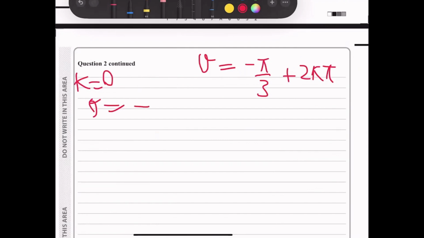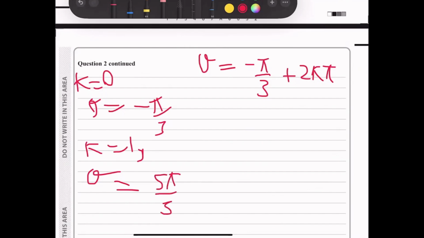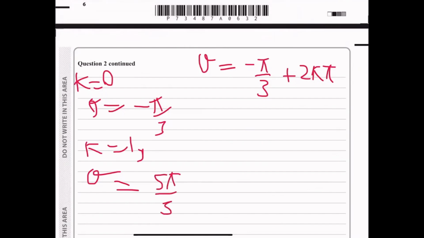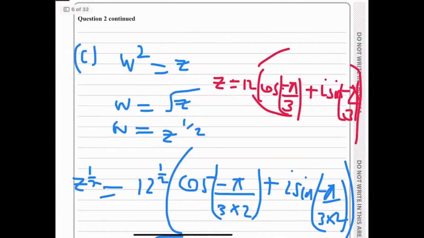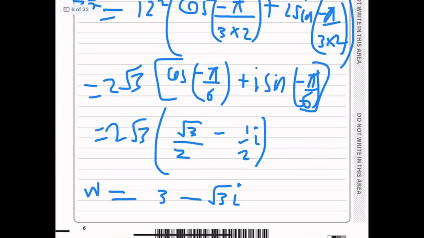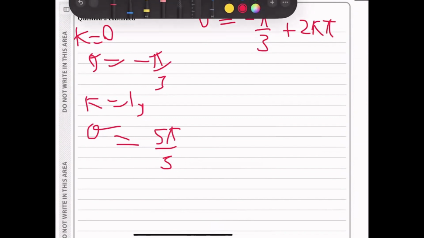So when k is 0, theta is minus pi by 3. When k is 1, theta is 5 pi by 3. So since we are dividing the angle by 2, we can take this range between minus 2 pi to plus 2 pi, because we're anyways going to divide it by 2, since it's z to the power half.